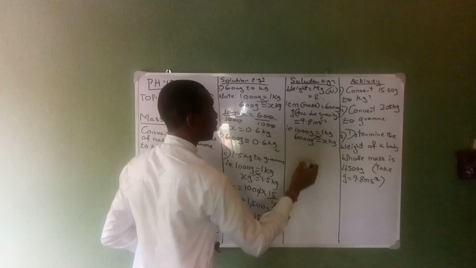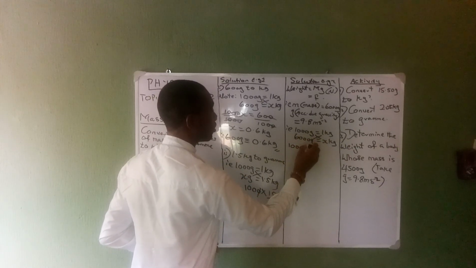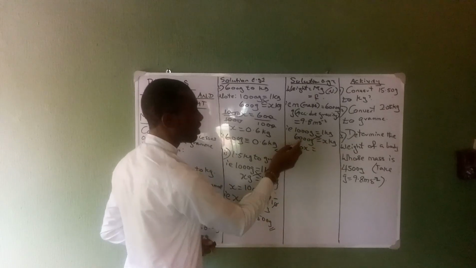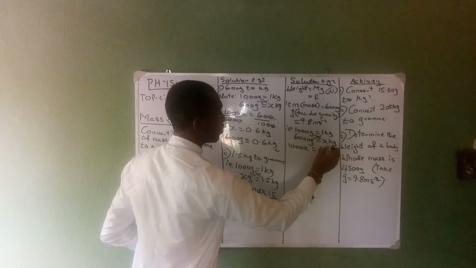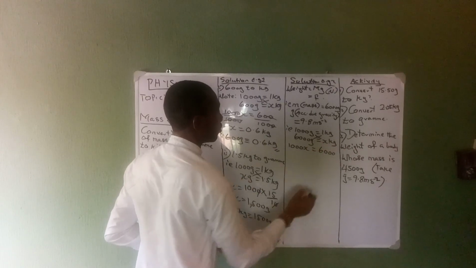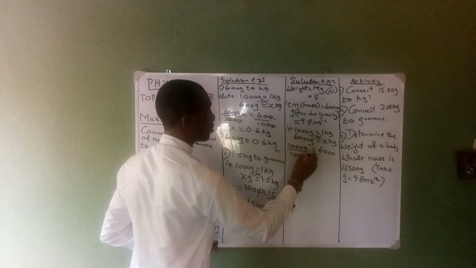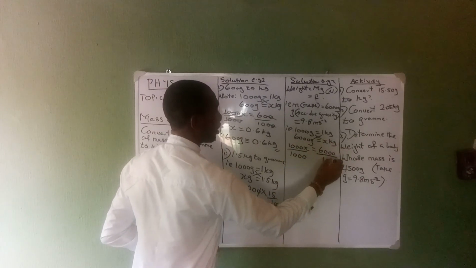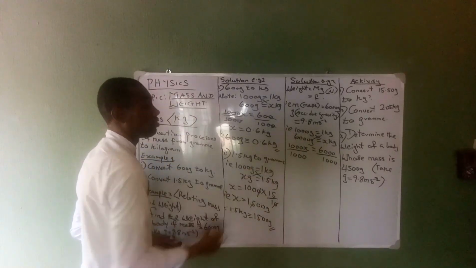In conversion, we have 1,000 times x, giving 1,000x, equal to 6,000 gram times 1 kilogram, which gives 6,000. So we divide both sides by the coefficient of x, 1,000.